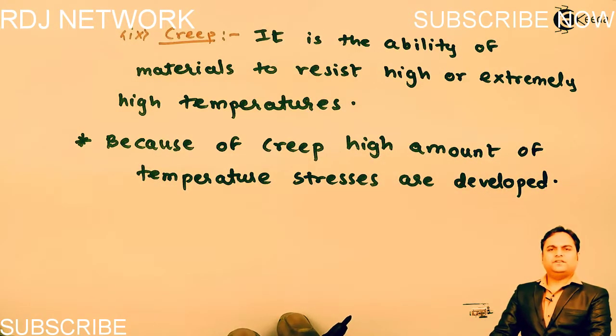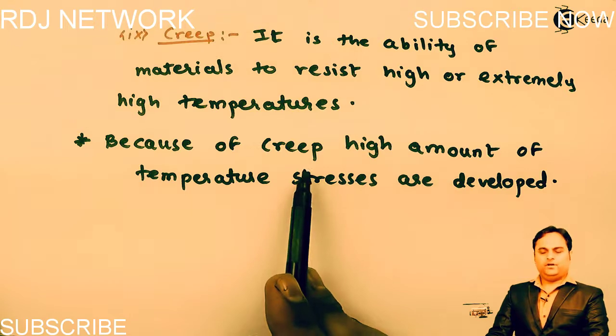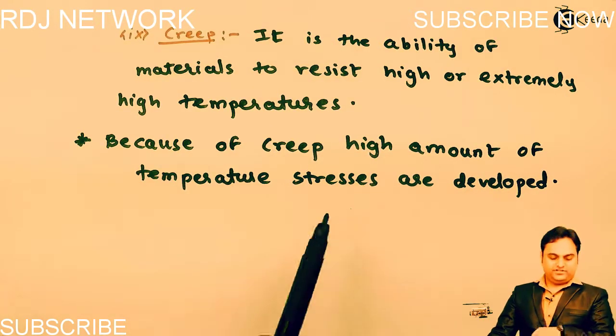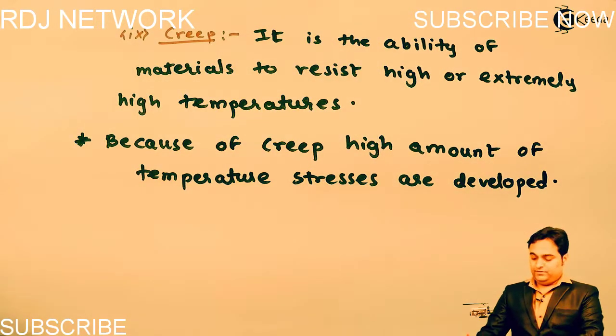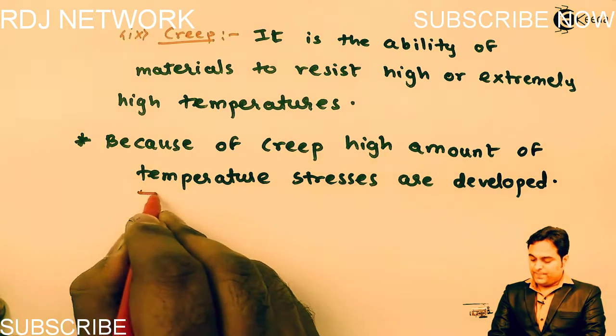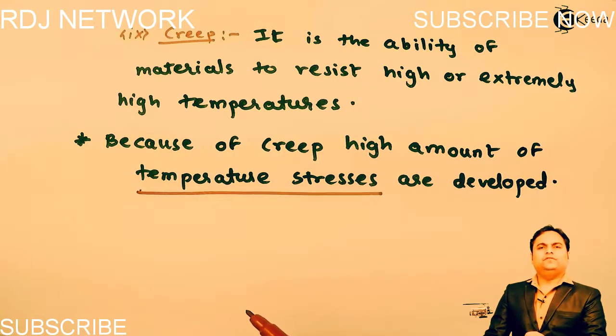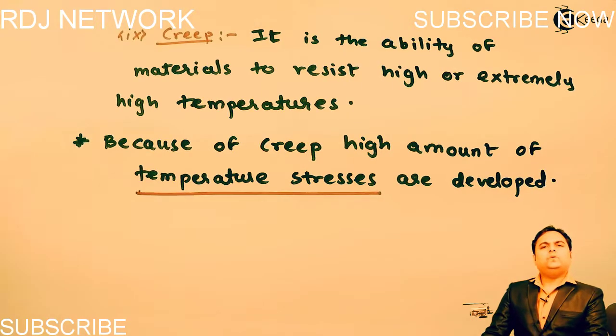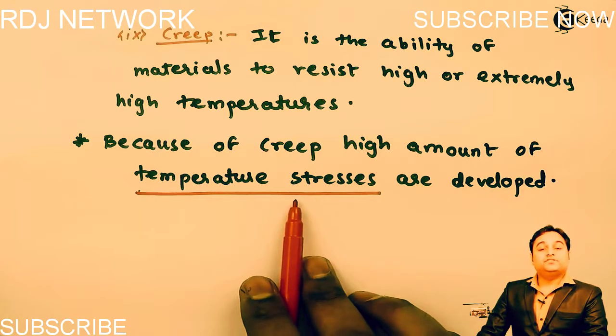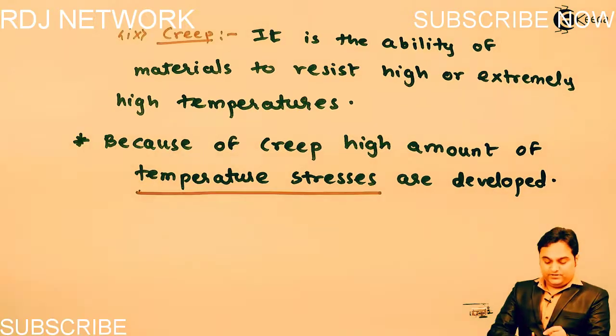A very classic example, like because of creep, high amount of temperature stresses. Creep results in the temperature stresses, and as we know, what is the meaning of temperature stresses? See here, when we have a metal, when we are heating that metal, we know it will expand. Because of that expansion, there is some stress which is stored in the material, and that stress would be called as temperature stress. So creep is the property.